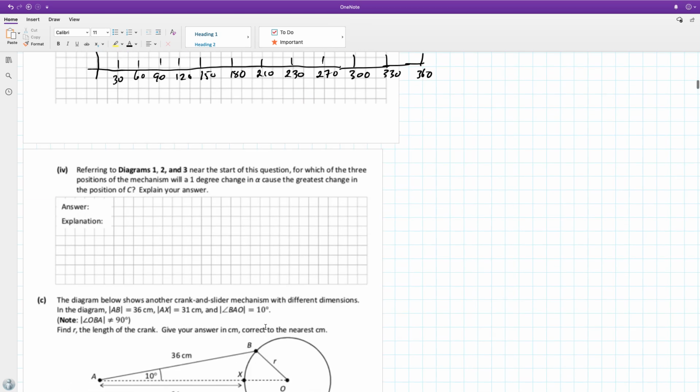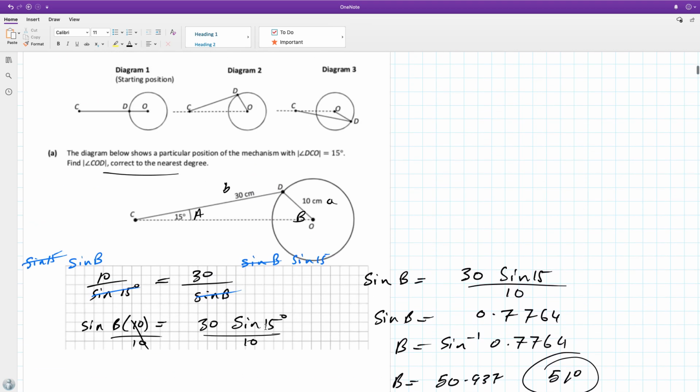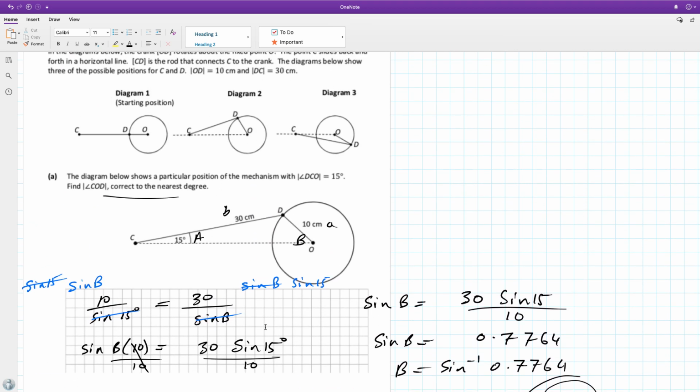The question asks which of the 3 positions would cause the greatest change in the position of C. So what they want us to do is check if you move 1 degree that way, 1 degree that way, would this move more, or would this move more.